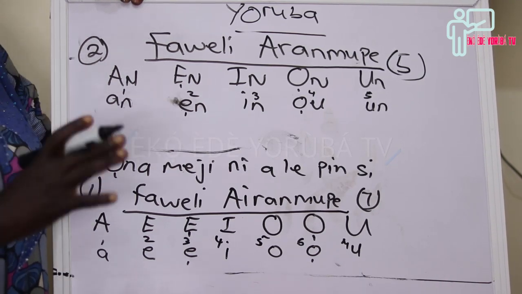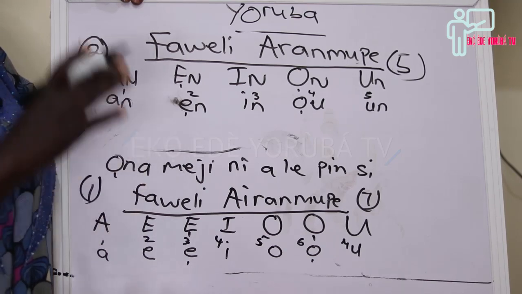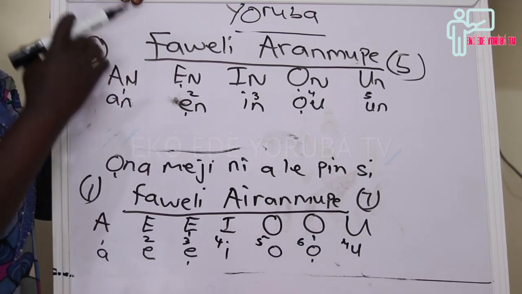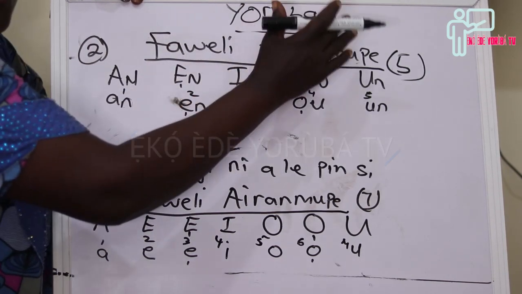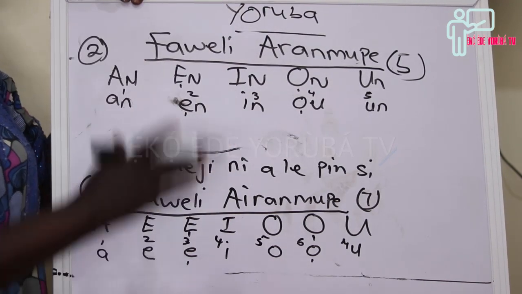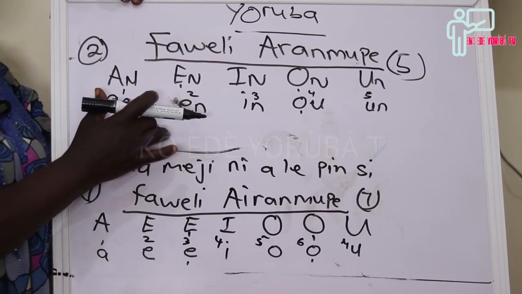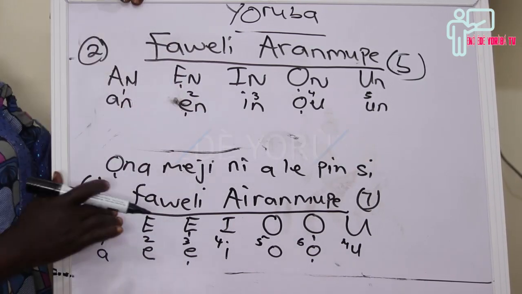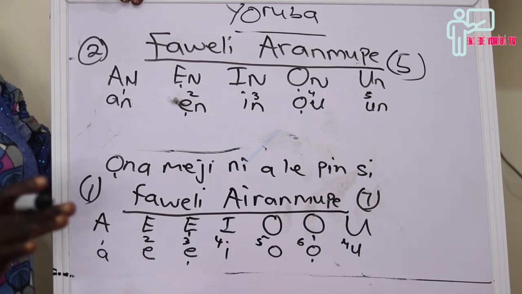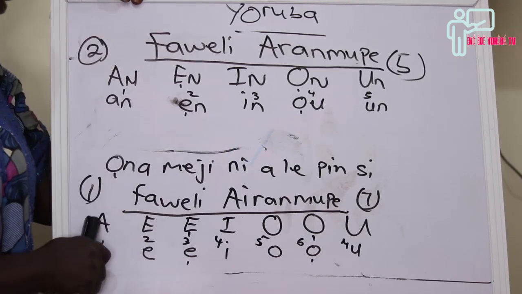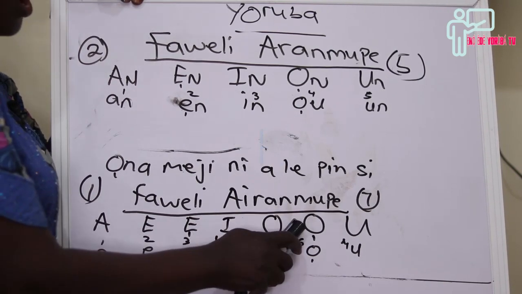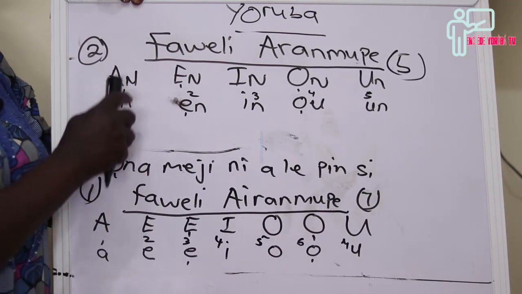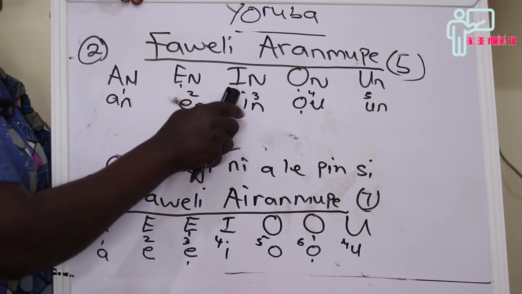A, E, I, O, U. Can you see the difference now? This one is like mucus in your throat, and this one is clear voice. A, E, I, O, U.